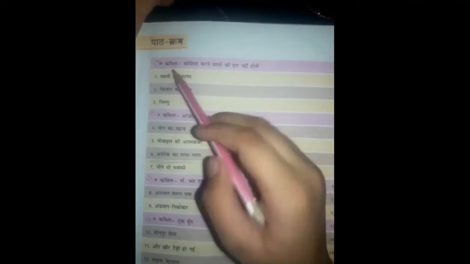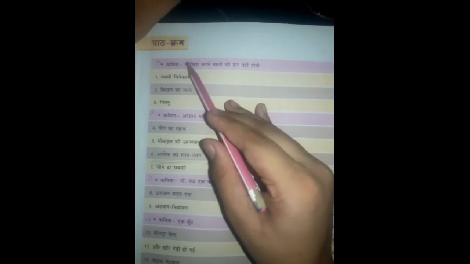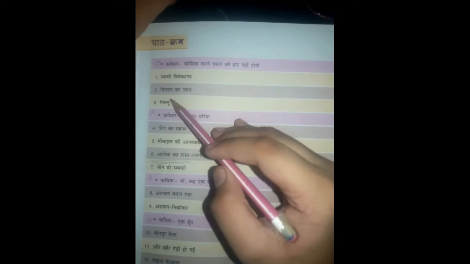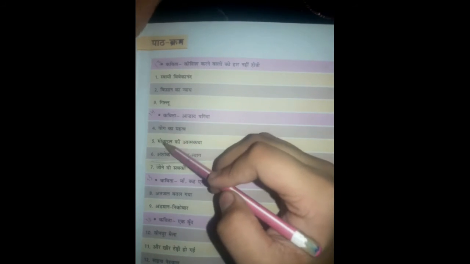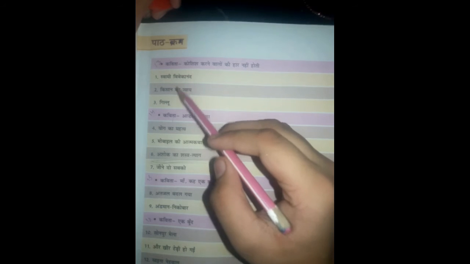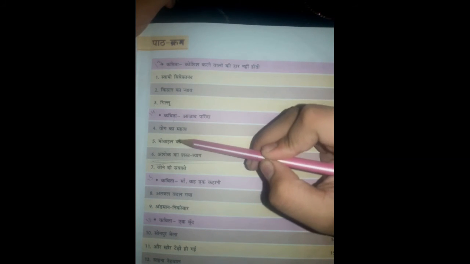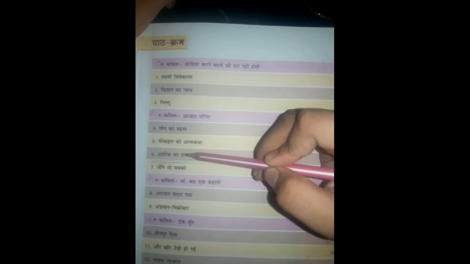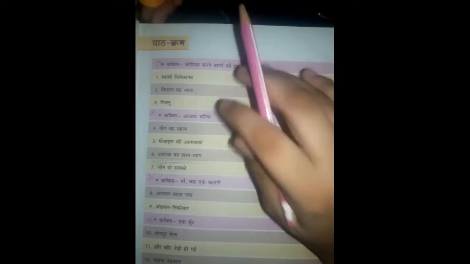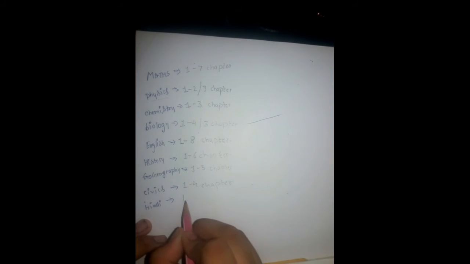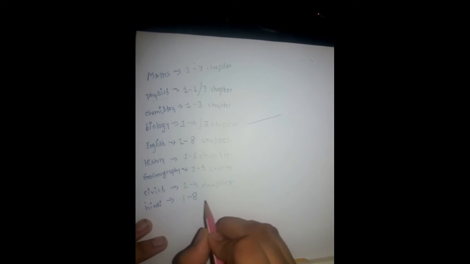From chapter 1 to chapter 8. 8 chapters. There, 1 to 8.